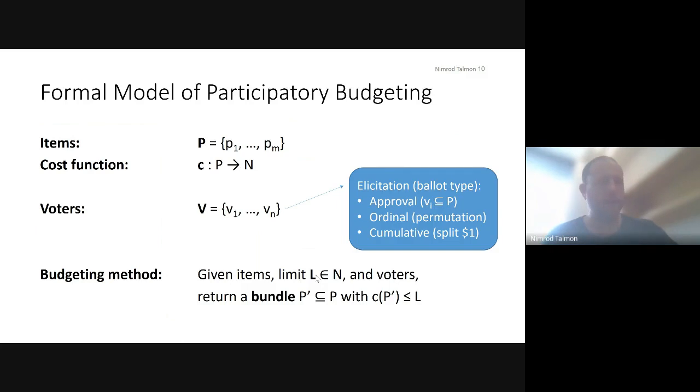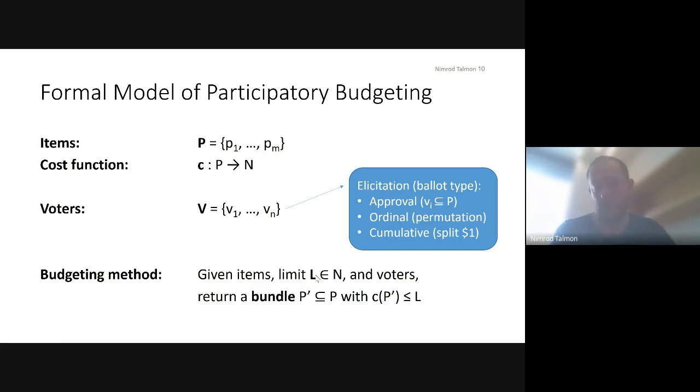Informally, it's like in single winner elections, you want the voting algorithm to be such that it will select a good president or a good single winner. And in multi-winner elections, you want the algorithm to select committees that are good in some way, so they respect the voters' preferences in some appropriate way.